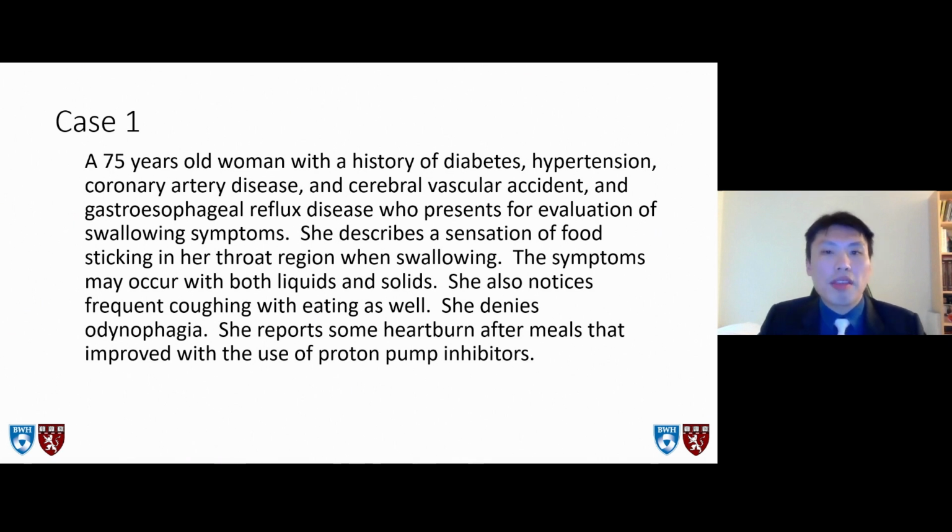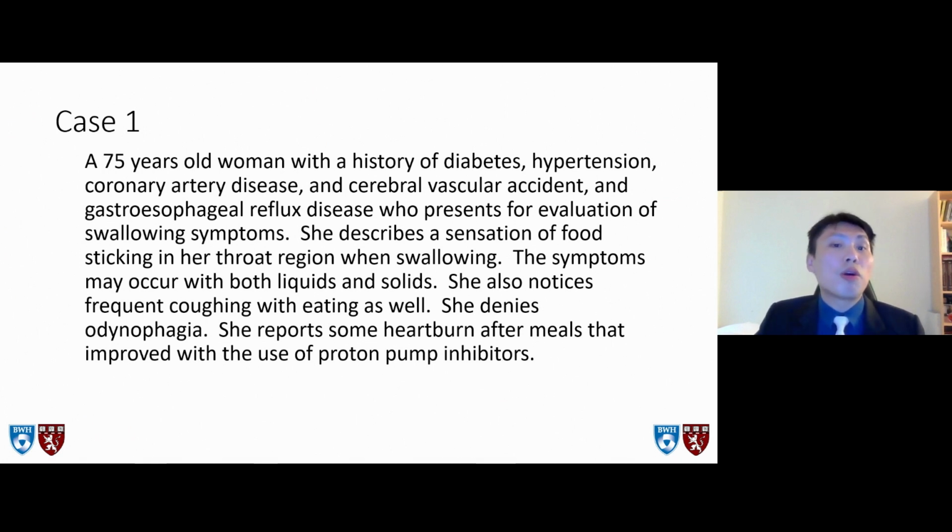I'm going to start with our first case of the session today, which is a case of a 75-year-old woman with a history of diabetes, hypertension, coronary artery disease, CVA and GERD, who came in for evaluation of swallowing symptoms. She described her symptoms as a sensation of food sticking in her throat region when swallowing.